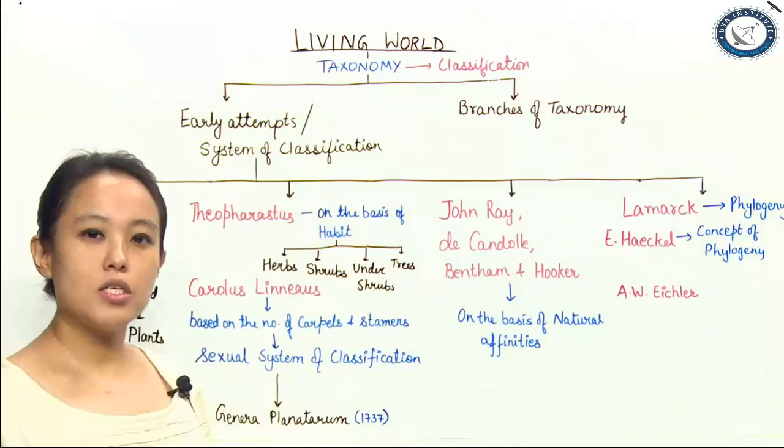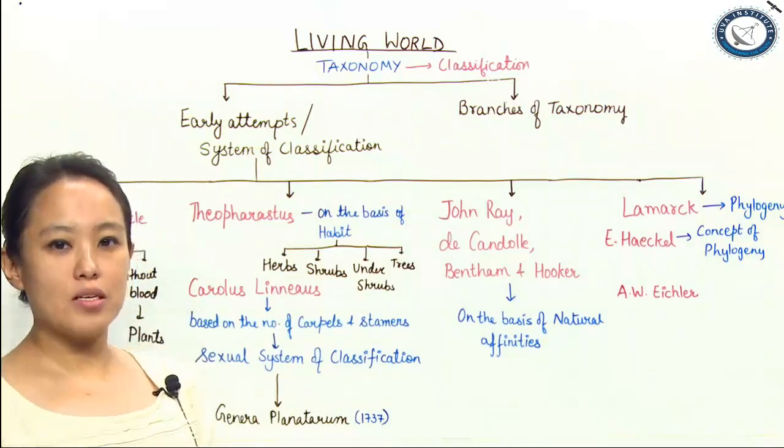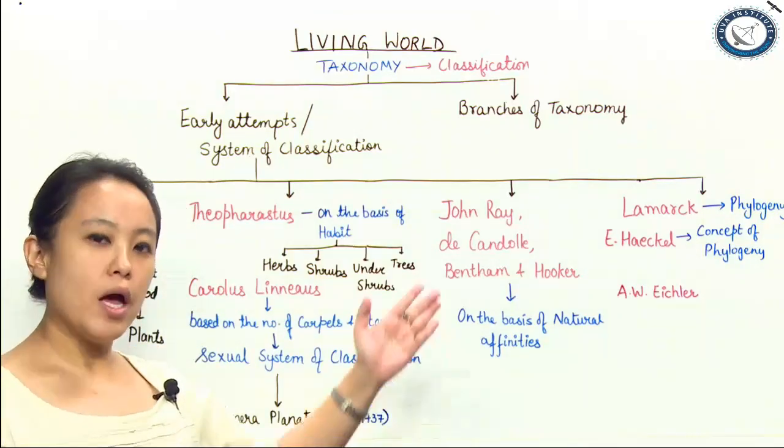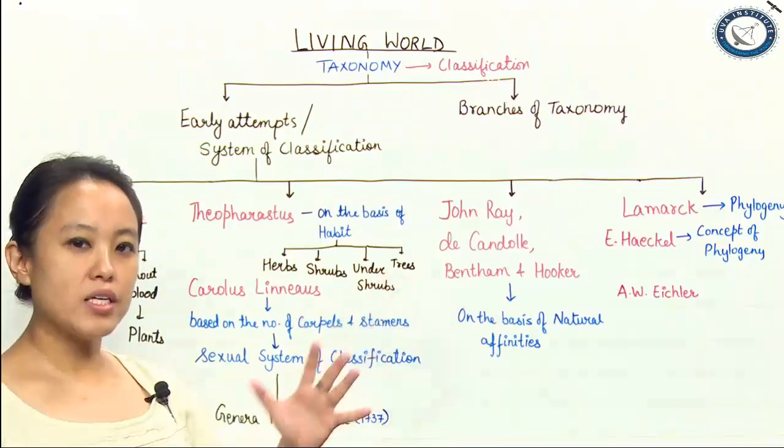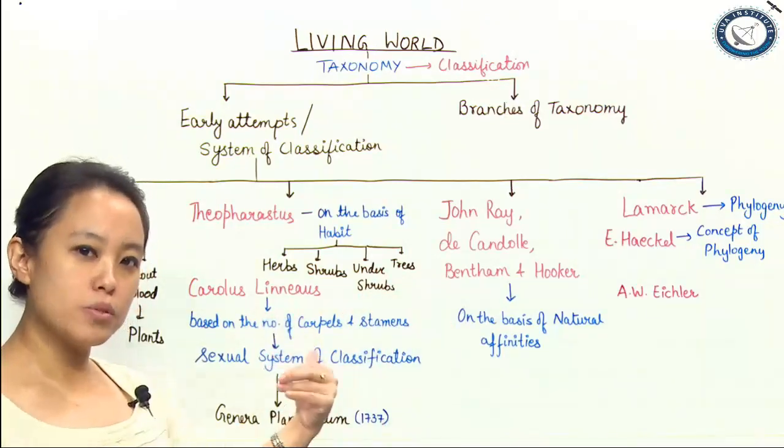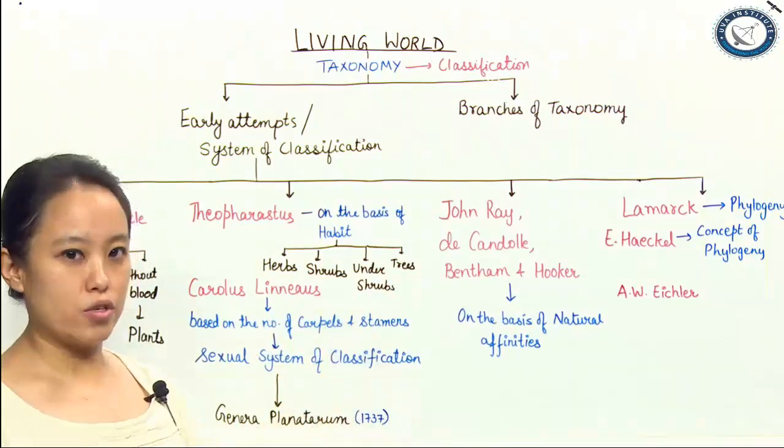So Theophrastus, again a different botanist, a scientist, came into picture, and on the basis of habit he identified plants into herbs, shrubs, trees and undershrubs.